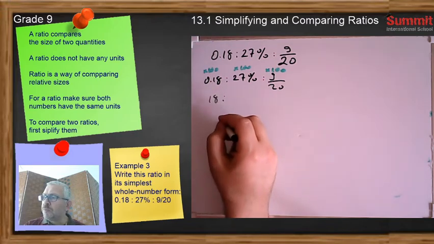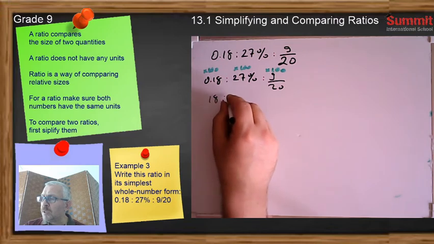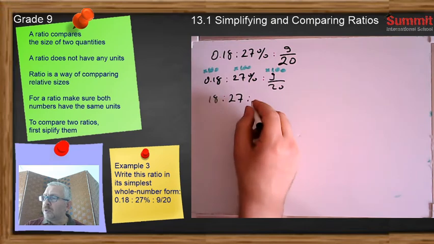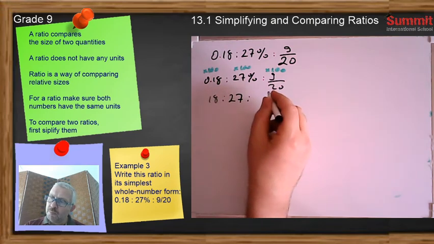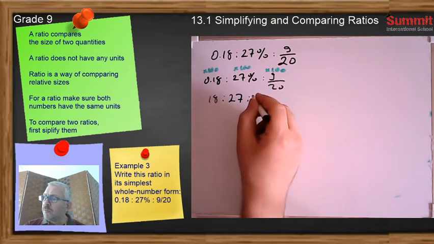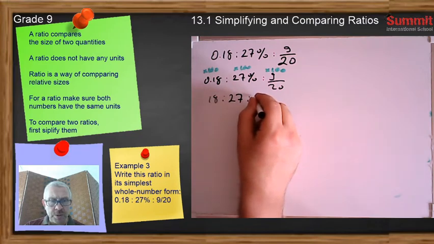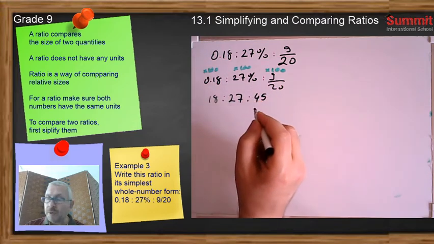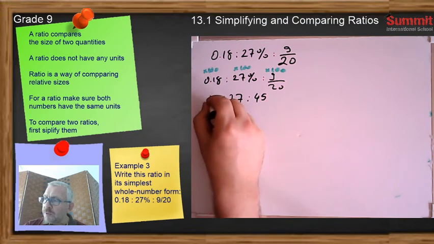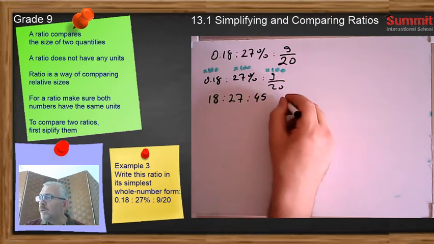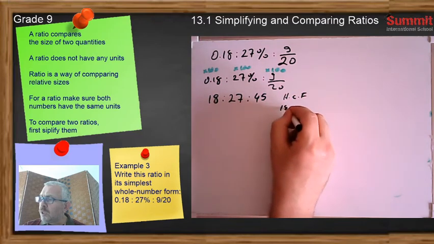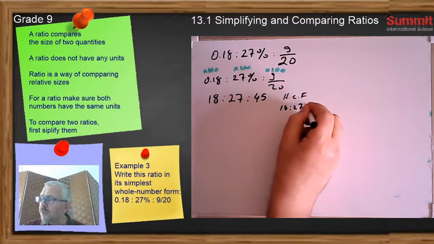Now 27% multiplied by 100 will be 27, and 9/20 multiplied by 100 will be 45. Now with this one we are going to find the highest common factor of 18, 27 and 45.